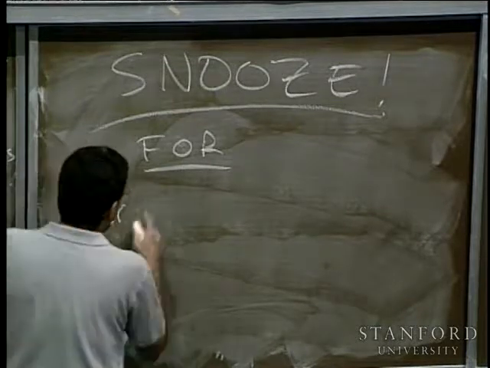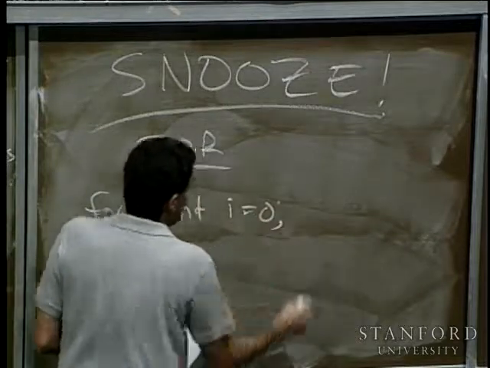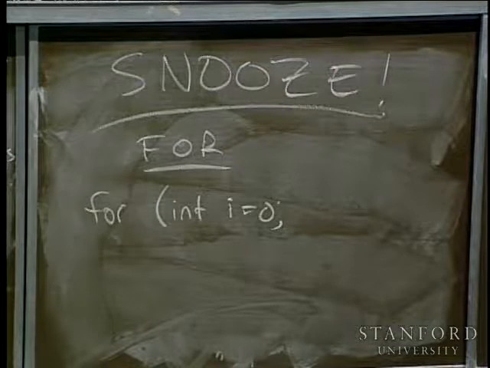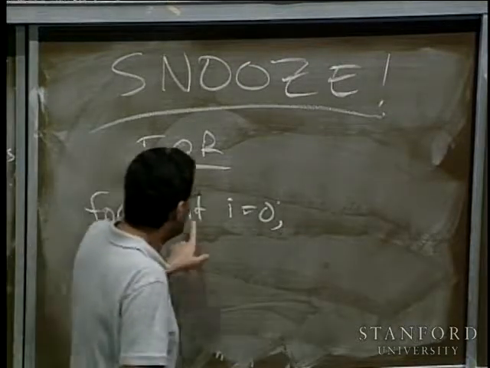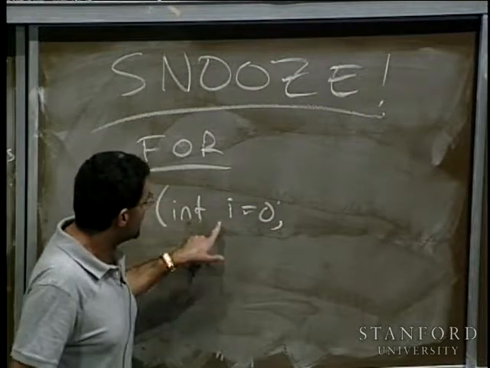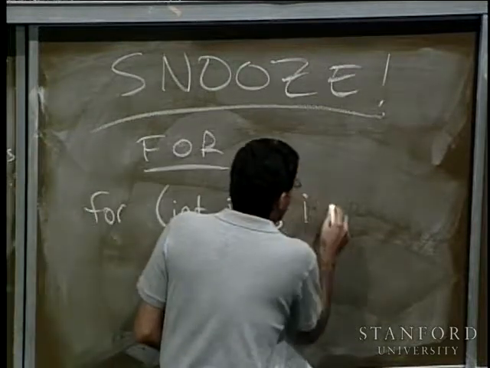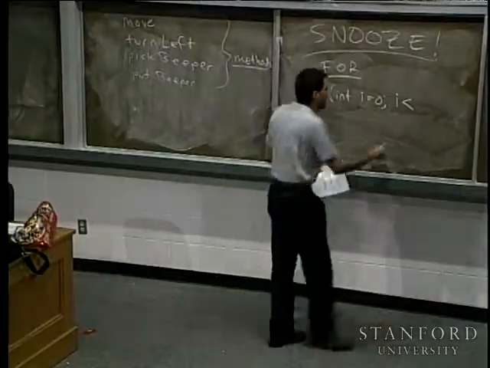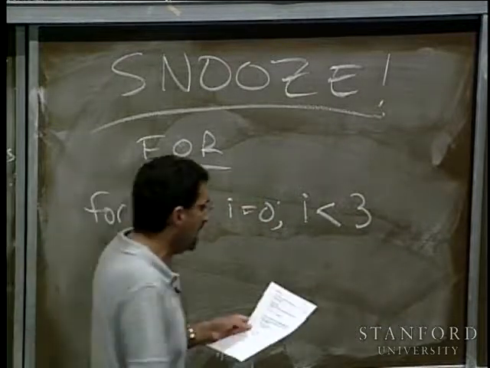For, just the word for, paren, int i equals 0. This might look a little bit strange, and if you've done some programming before, it won't look strange, and if you haven't, this is just the syntax, just use it and feel good about it. This is int space i equals 0, semicolon, i is less than the number you want to count up to. If I want to do something 3 times, I'd have a 3 here, but in general, this could be any number that you want.